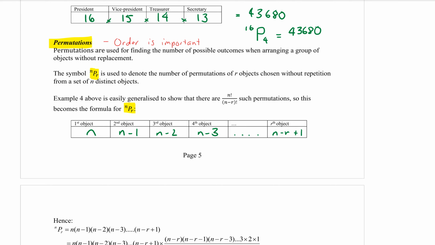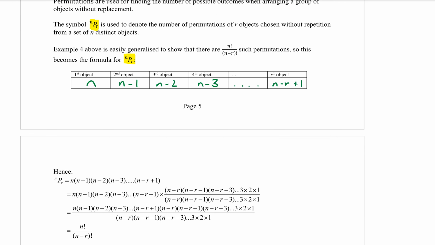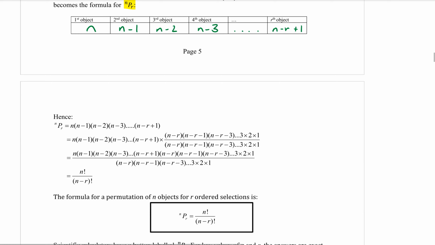So that is the repeated multiplication of what a permutation is. Here it is written out: nPr equals all those things multiplied together. I don't want a random thing in there. I want a formula I can actually substitute into. We always like our little math tricks.